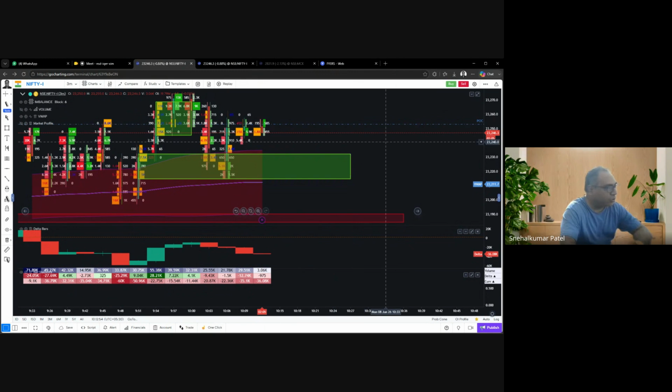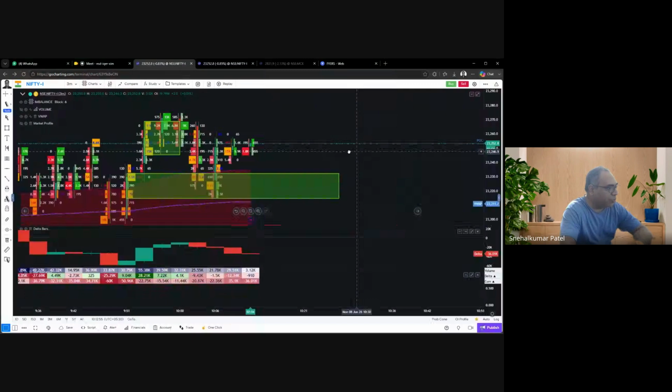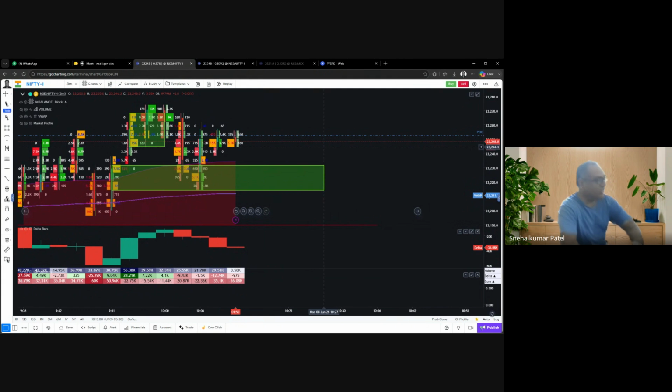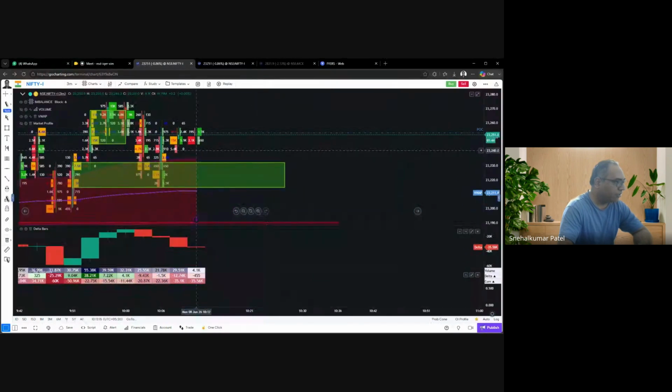They don't want to sell lower than this. They don't want to buy higher than this. It's a wait and watch situation. Let's keep waiting. Let's see when significant imbalance forms on either side, then we can think of taking a trade.